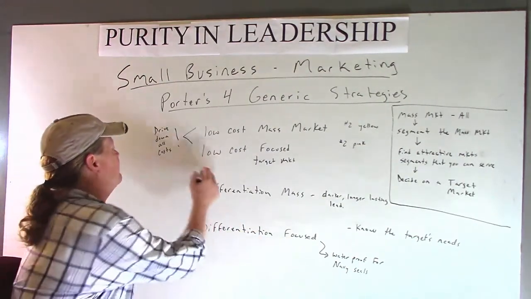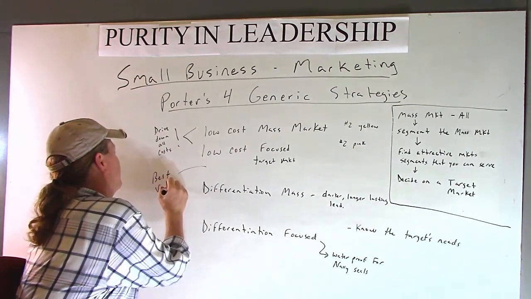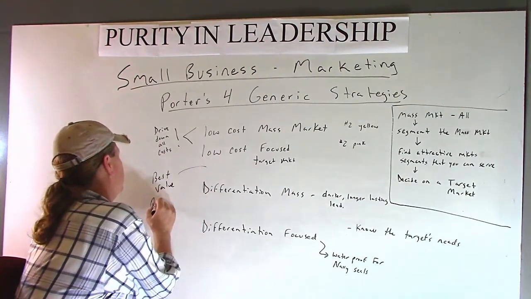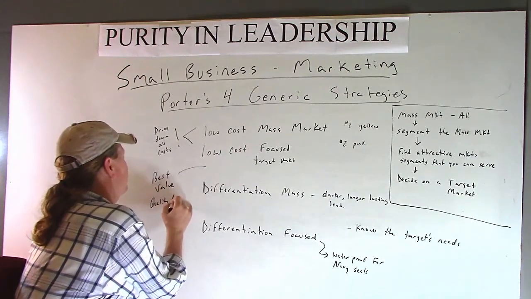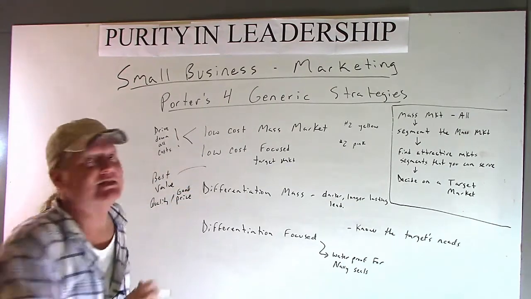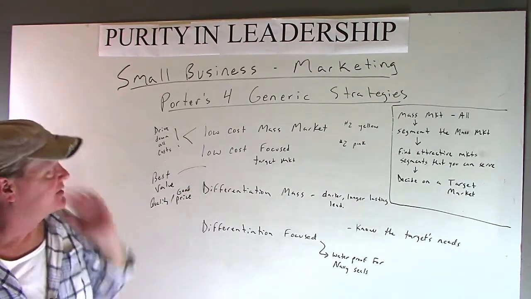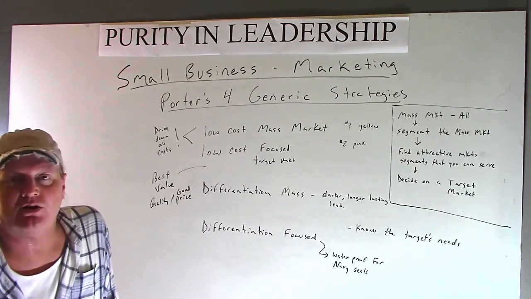Now, number 5 is our best value, where we have some reasonable amount of quality at a good price. So this is where we're kind of back to mass and reasonably low cost.